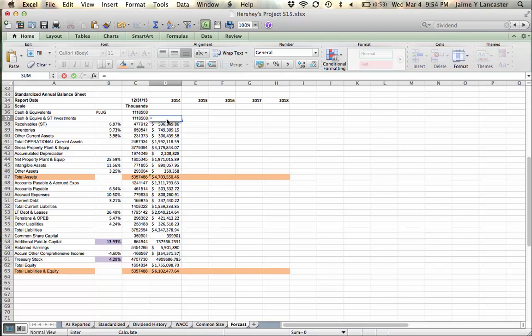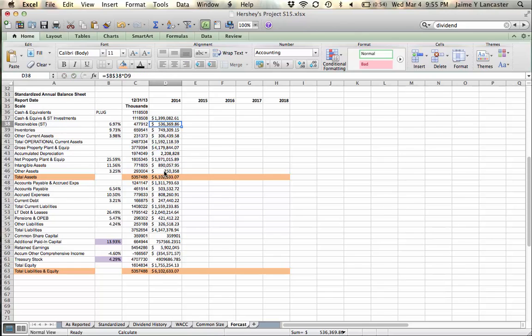Well, the way we can do that is with the plug method. Total liabilities and equity minus all categories of assets that aren't cash. So we can subtract the operational current assets, we can subtract net plant, property, and equipment, we can subtract intangibles, and we can subtract other.